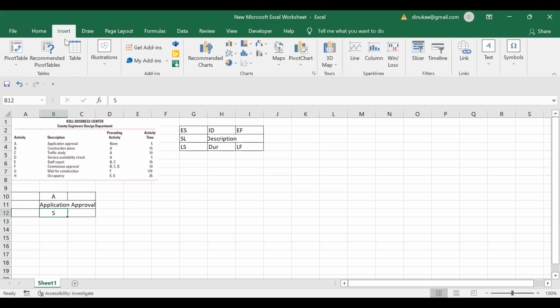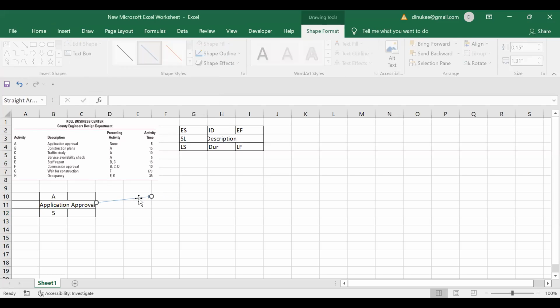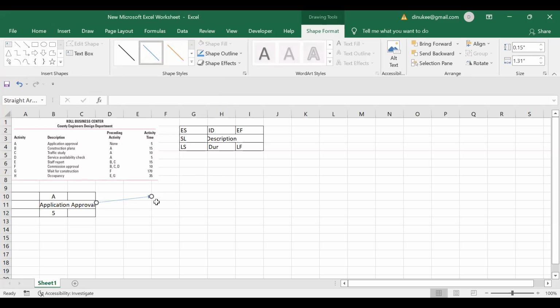So the finishing of this activity can be shown by using an arrow. So the arrow is going this way, right? After completing activity A means the end of this arrow.